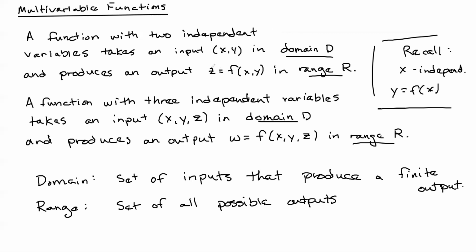If x and y are the inputs, then z is the output. It's also possible to have x, y, and z as inputs, and then we use w as the output instead. That extends our natural definition of a function to two inputs and three inputs. Let's play around with that for a bit to see what the effects are.